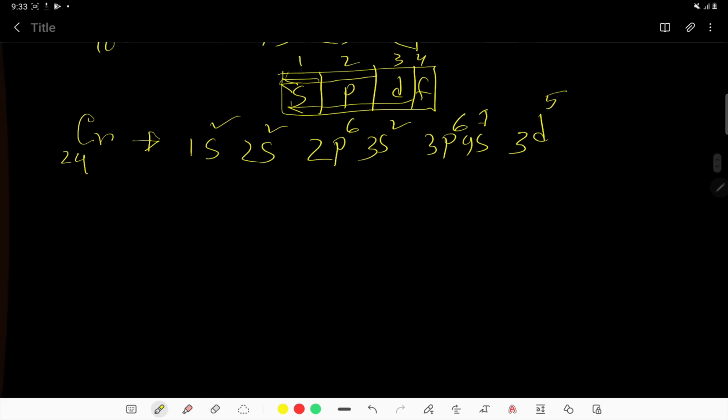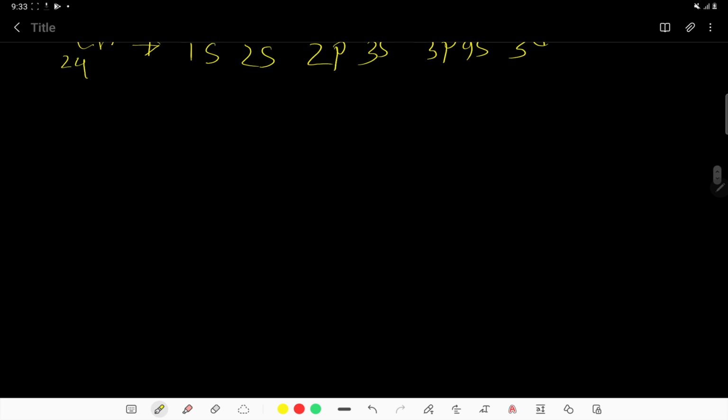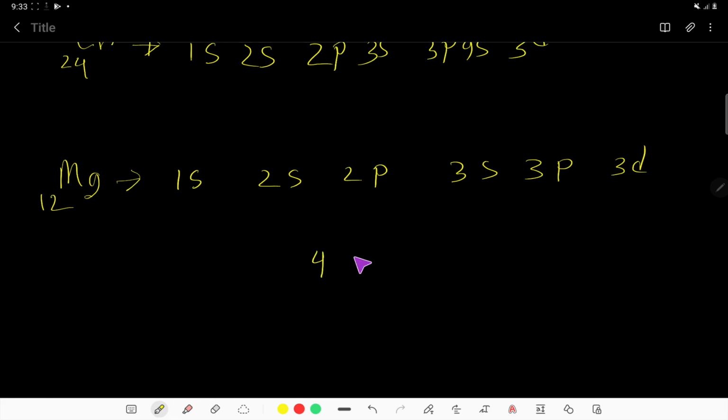Okay, now I am going to write the electron configuration of magnesium. It's 12, right? I can write it like this: 1s, then 2s, 2p, then 3s, 3p, 3d, then 4s, 4p, 4d, 4f, right? I will just write this type of sublevel.